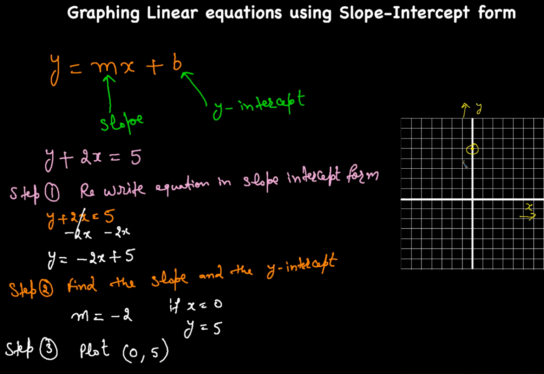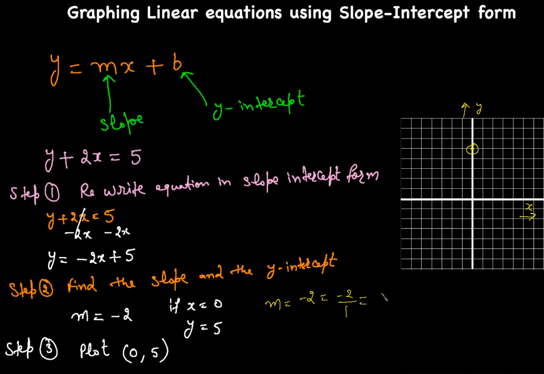And now we're gonna look at our slope and find the second point. We're gonna use the slope to find the second point on the line. So the slope is -2. Let me write it down again. m is -2, which is basically -2 over 1.